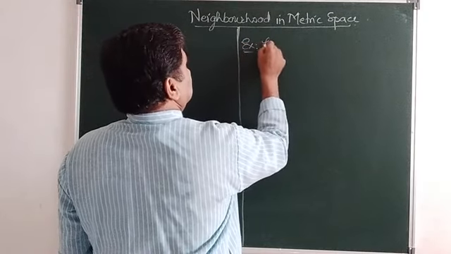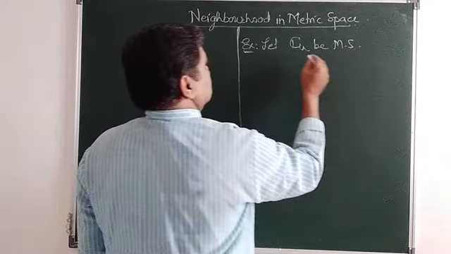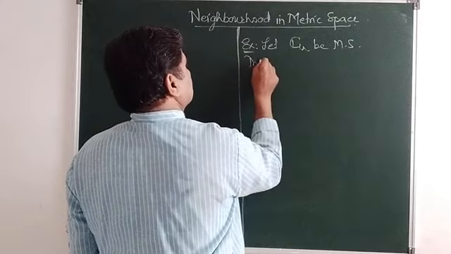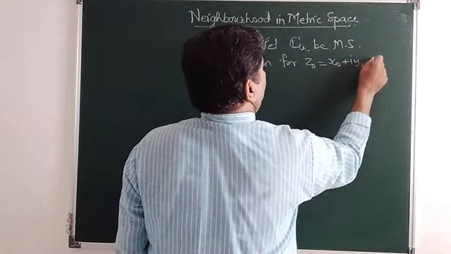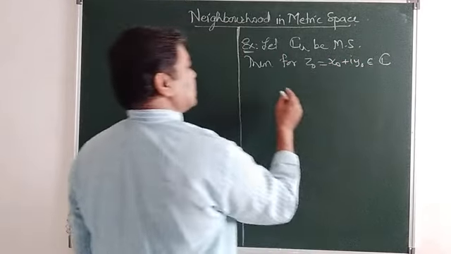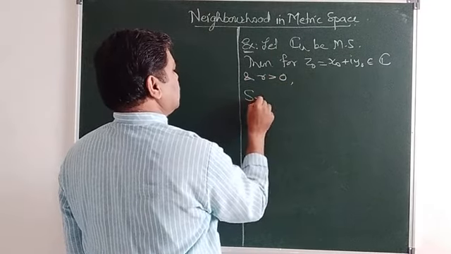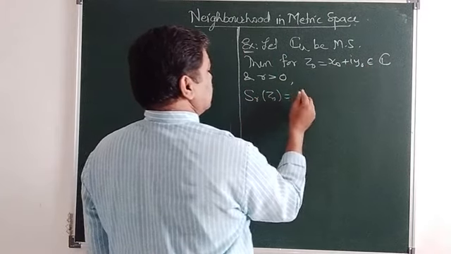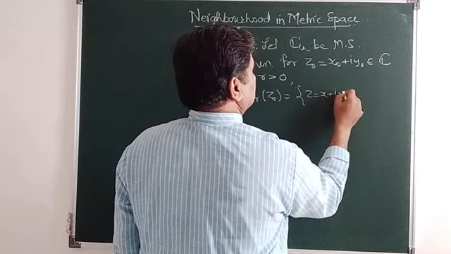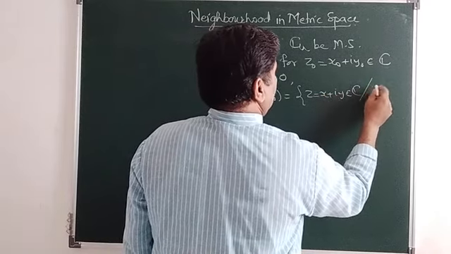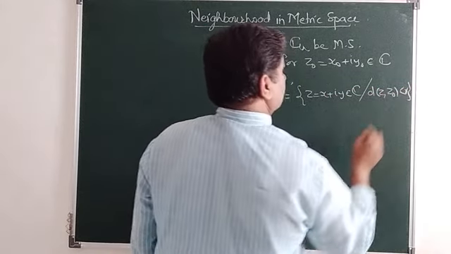Let C, u be a metric space. Then for z naught equal to x naught plus i y naught belonging to C, the complex number set, and r greater than 0, the open sphere about z naught is the set of those z equal to x plus iy belonging to C such that d of z, z naught is less than r.